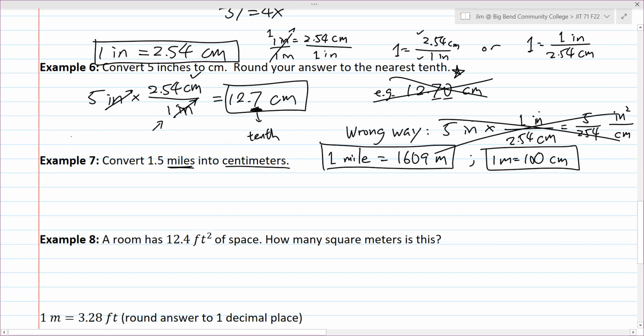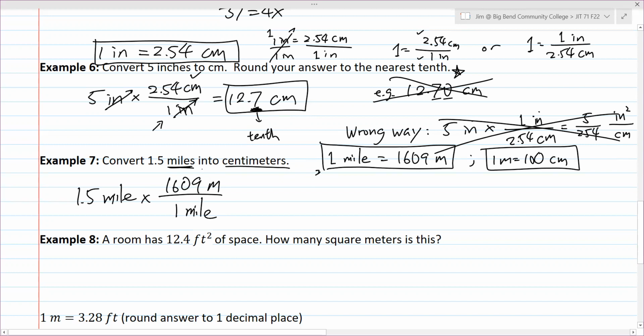I'll show you how this works. We have 1.5 miles given. So again, we're turning miles into centimeters. So let's do it. The first fraction will be set by that info, 1,609 meters over 1 mile.